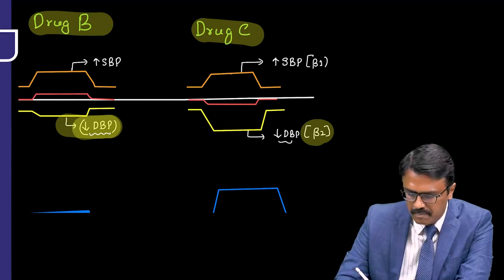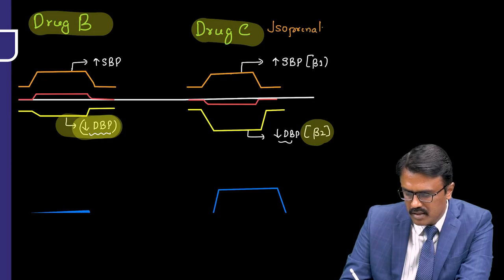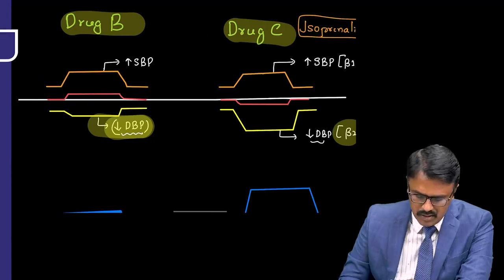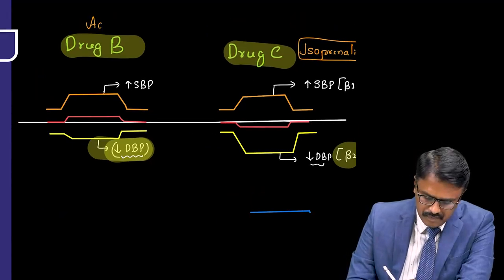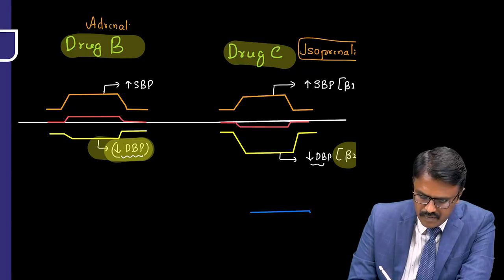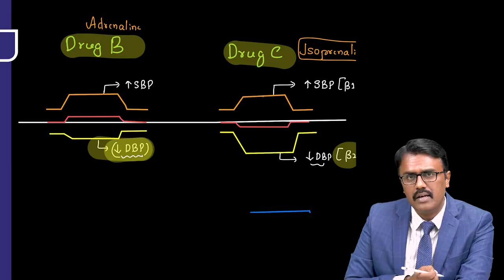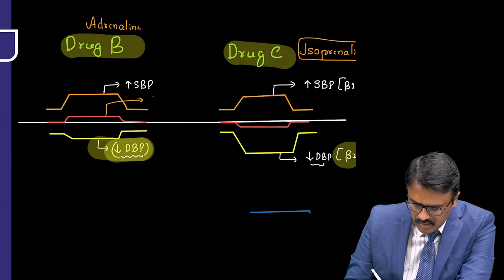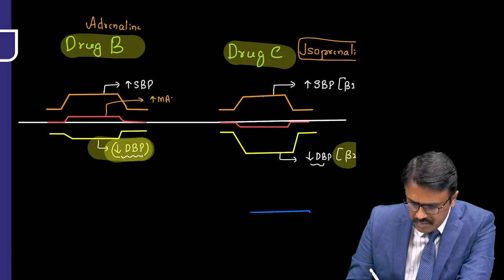So drug C is going to be isoprenaline. The reason is it is decreasing diastolic blood pressure very, very high. So drug B is adrenaline. Now another clue that it is adrenaline, not isoprenaline, is that there is an increase in mean arterial pressure.